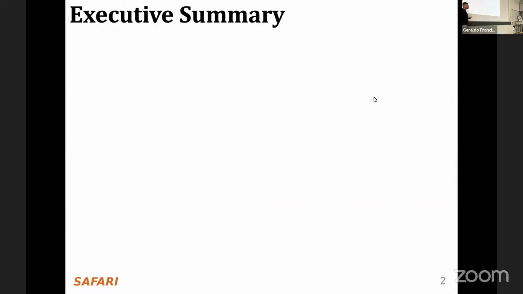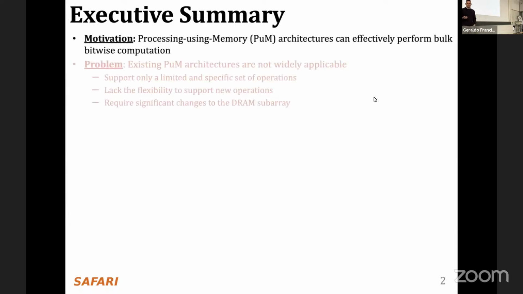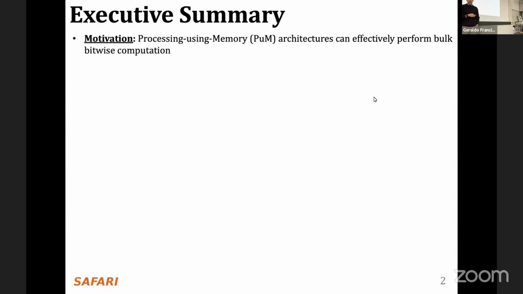Before I go into details on SimDRAM, I'm going to give a brief summary of what this work is about. The motivation is processing using DRAM. I gave a talk some time ago on memory-centric computing, so you are probably familiar with this concept: using memory cells to perform computation instead of only storing data.